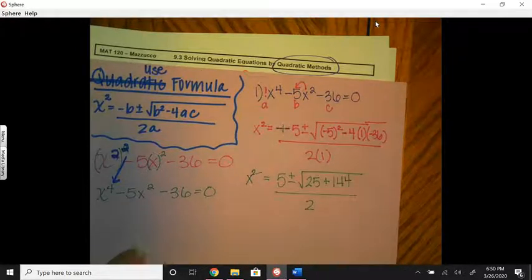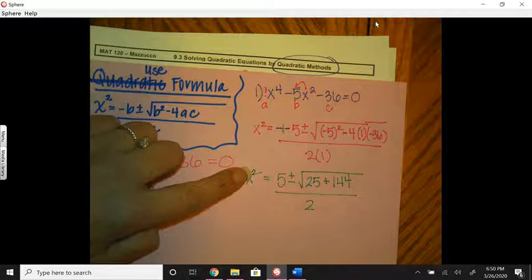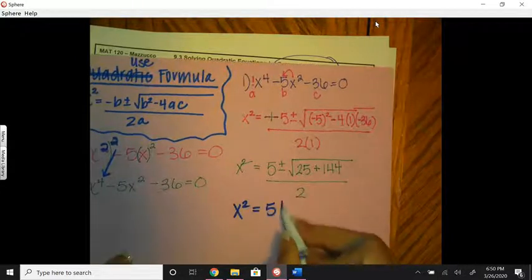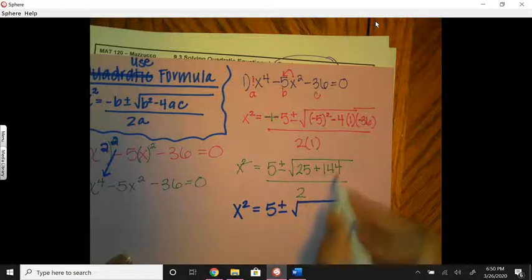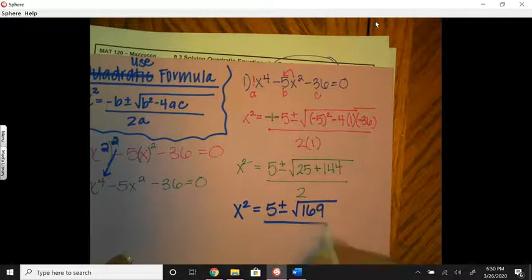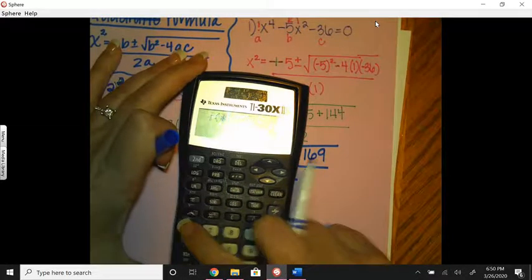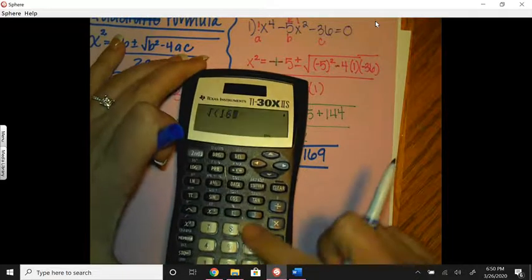Again, the only thing different is this 2 right here. Then 25 plus 144 is 169. And the square root of 169 is 13.